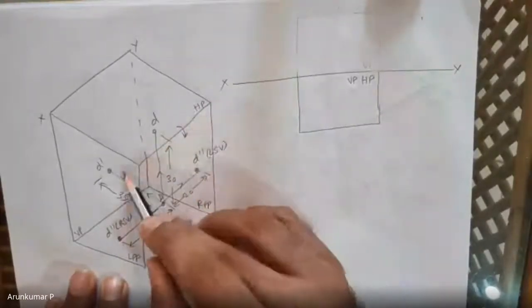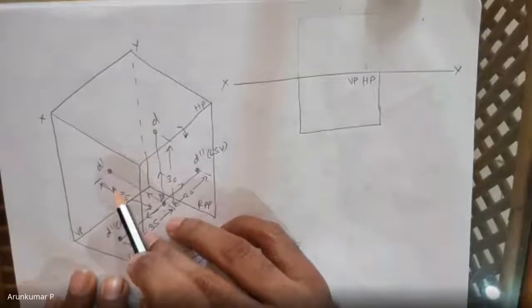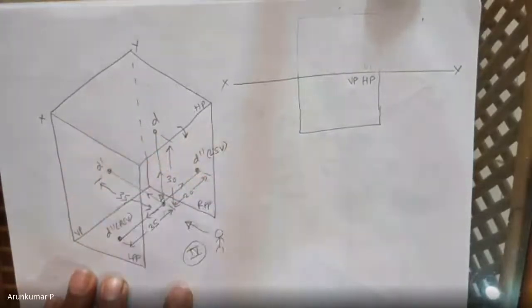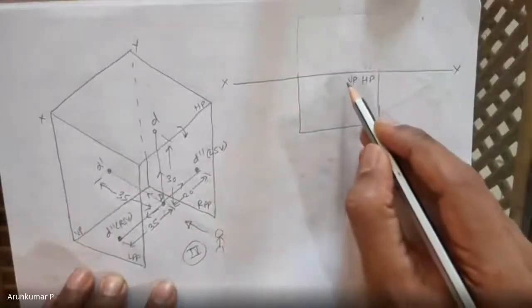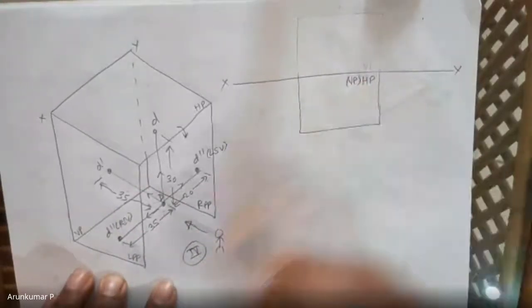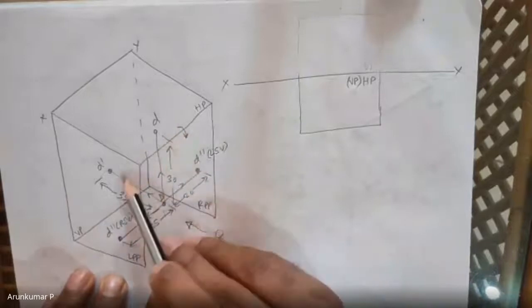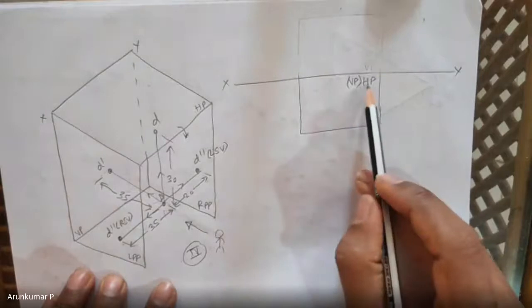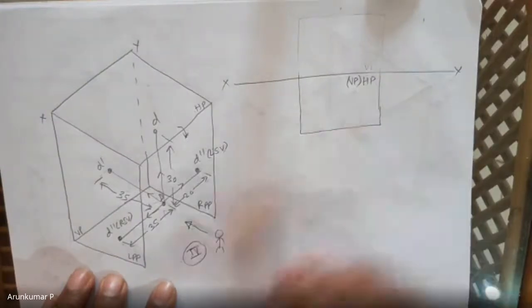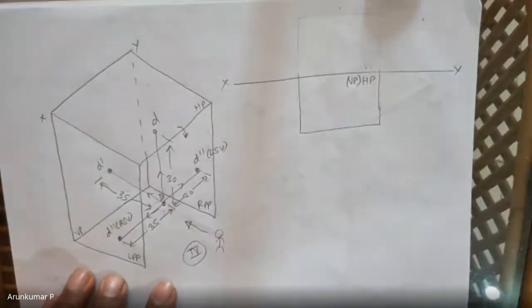So HP and VP will be coplanar below the XY line. So VP and HP together. And VP will be covered by HP because HP is rotating and going to cover the vertical plane. Okay, so VP and HP will be together below XY line.